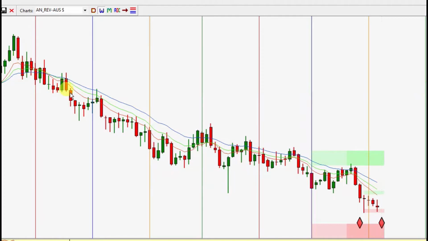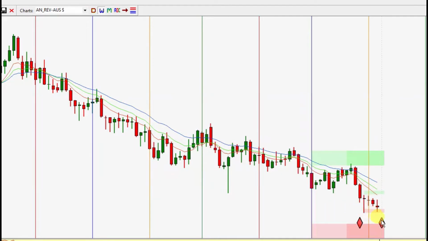It has been pretty much nothing but down, down, down in relation to the US dollar. And I'm not going to say that that is actually coming to an end right now, but I am going to say that we are looking for a rally at this time. And I'm going to explain why I believe this to be the case.